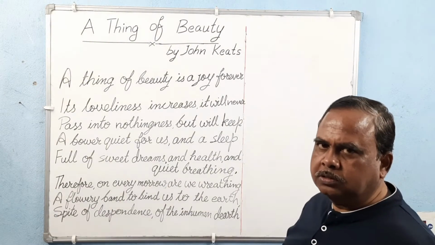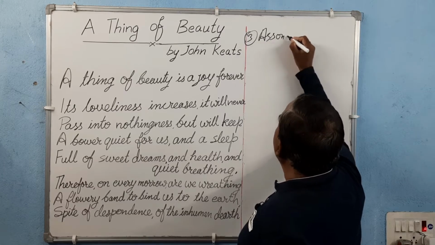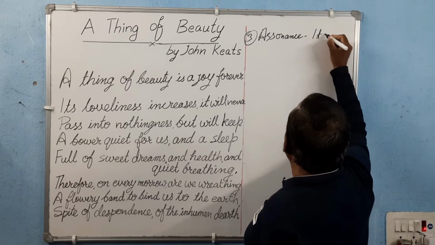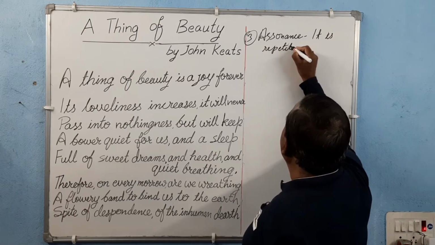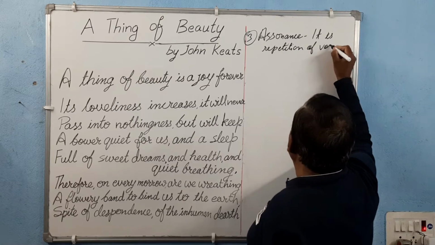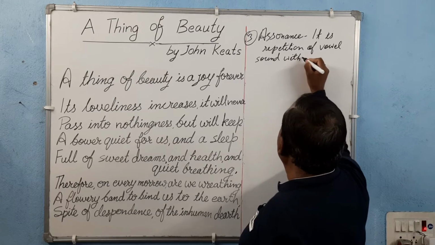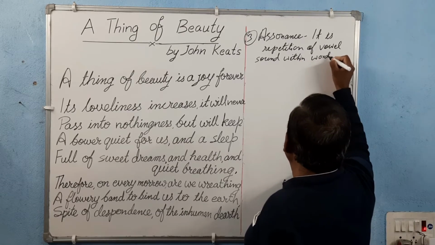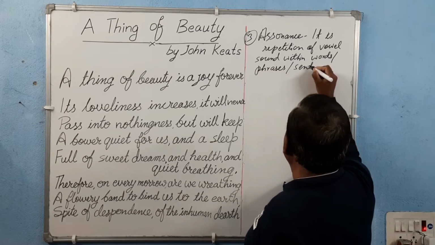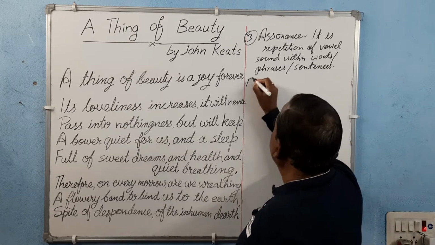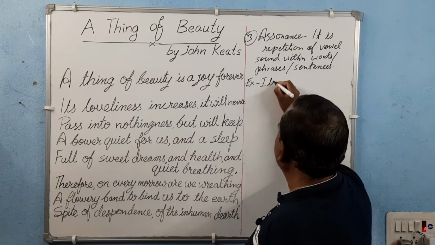Third poetic device is assonance. It is repetition of vowel sound within words, phrases, or sentences. For example, its loveliness increases.